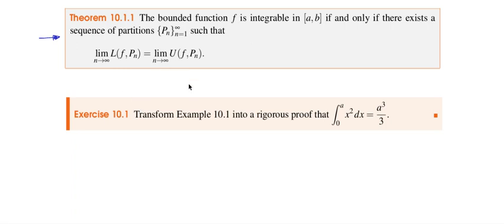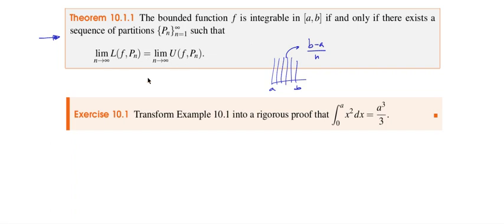Okay, so this is the idea that we can take this regular partition between a and b, where the width of each interval is (b minus a) over n, and we take the limit when n goes to infinity. This partition is going to be refined more and more, and the limit of the lower sum will get to the supremum, while the limit of the upper sum will get to the infimum.